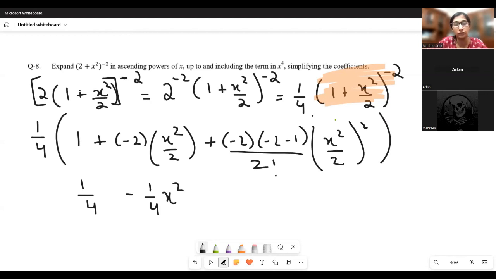And then answer into 1/4 because there's a 1/4 outside as well. So I'm getting 3/16 x power 4. Let me check the answer. 3/16. Okay, it's correct. So that was question number 8. Question 9.